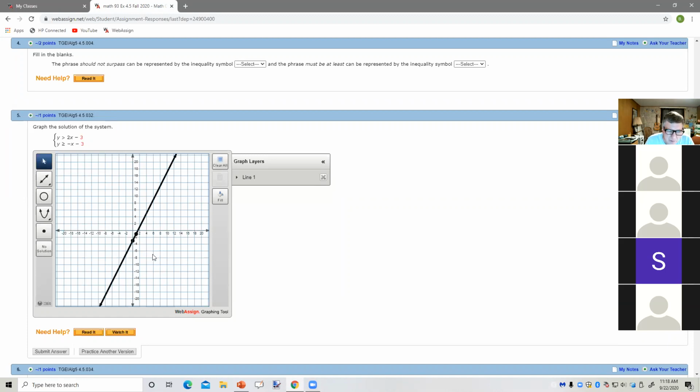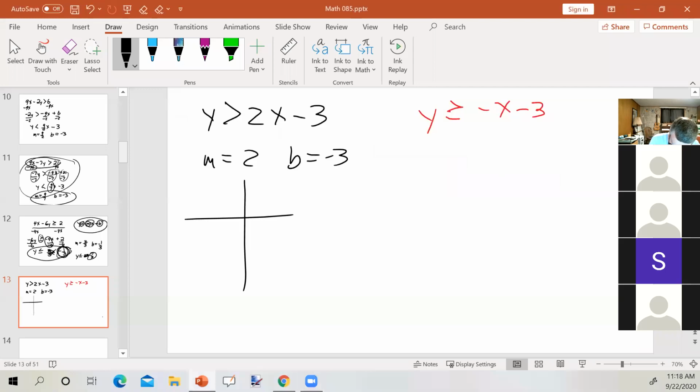So what should my ordered pairs be? Let's go back here again, just to make sure. If x is 0, y is -3. I went up 2 and over 1. If I go over 1, that means my x is 1. If x is 1, what's y?